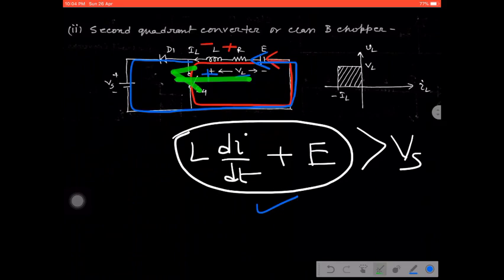That means we can say this is a regenerative process or regenerative action. That is why in the section on the chopper I had disclosed that the chopper can be used for regenerative purposes. So this is a good example of regenerative purpose. The stored energy inside the load is fed back to the supply. That means supply will gain energy. It will be a regenerative process. That is why this is called regenerative action.